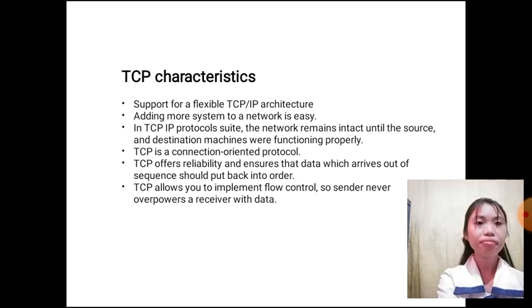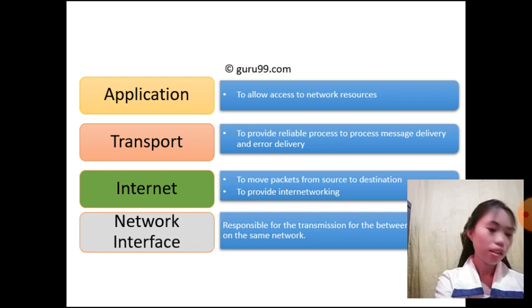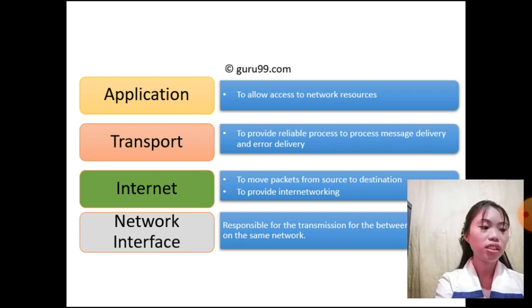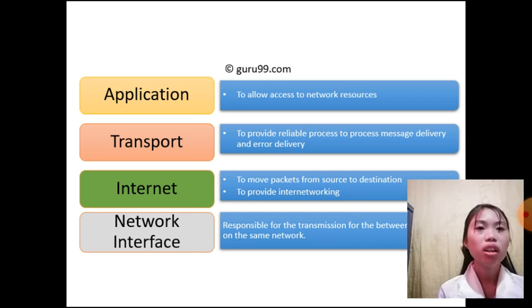Then, the four layers of the TCP/IP model. I will explain the different layers and their functionalities. First, we have the application layer, to allow access to network resources.